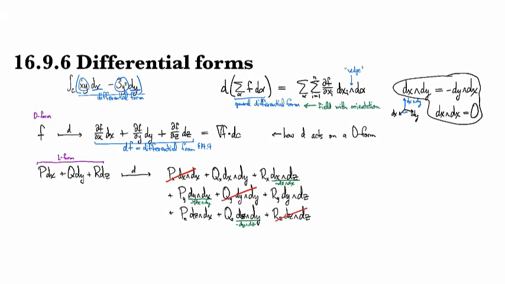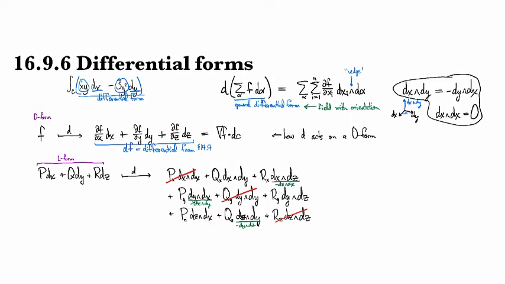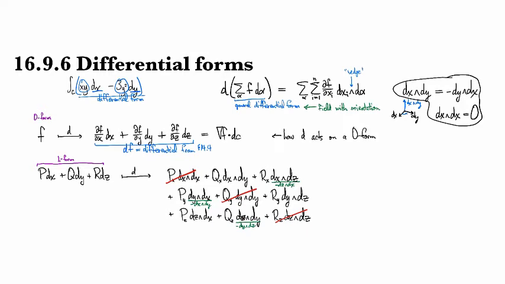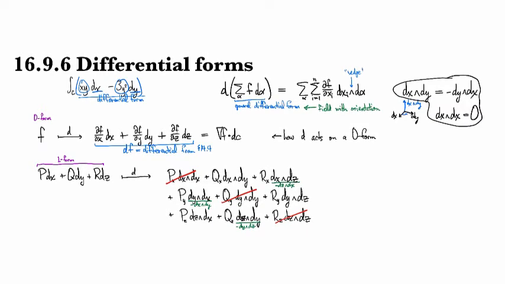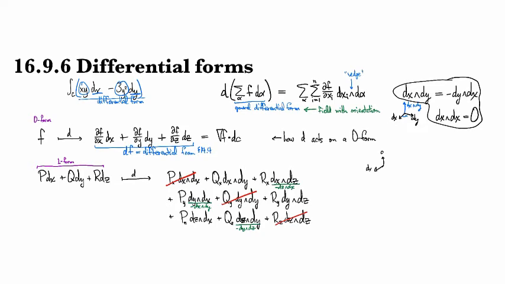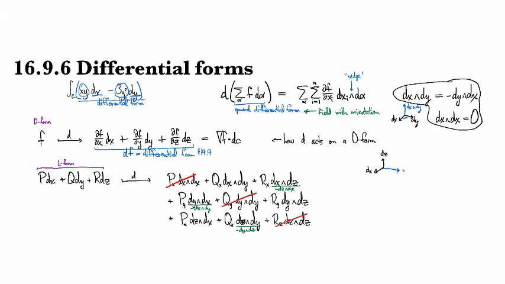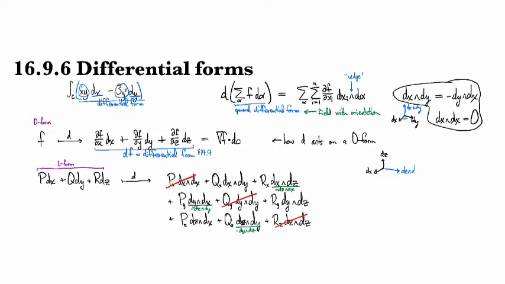And you might say, hey, why are you doing that one and not fixing this one so that it's in alphabetical order? The answer is because math doesn't care about alphabetical order. What math cares about is orientation. If we have dx and dz right here, then if you take the cross product of these using the right hand rule, and you want this one to come out, that's going to be dz wedge dx, not dx wedge dz.